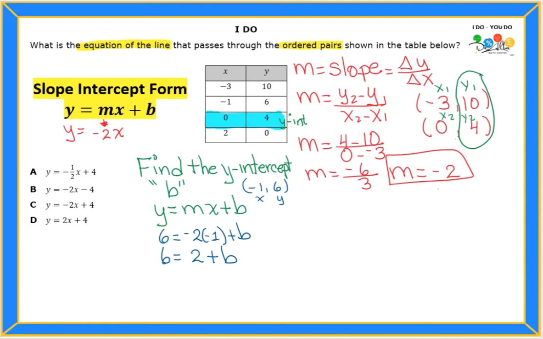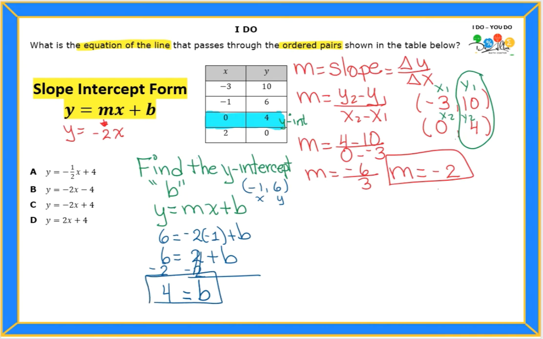I need to leave b by itself, so I need to get rid of the +2. I need to remove that 2 by subtracting 2 on both sides. The 2's cancel, and I get b equals 6 minus 2, which is 4. And this is my y-intercept.